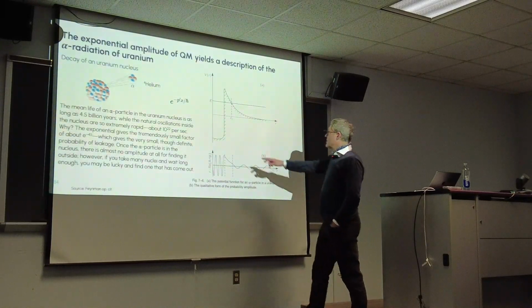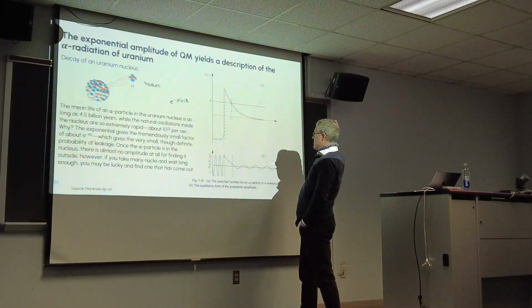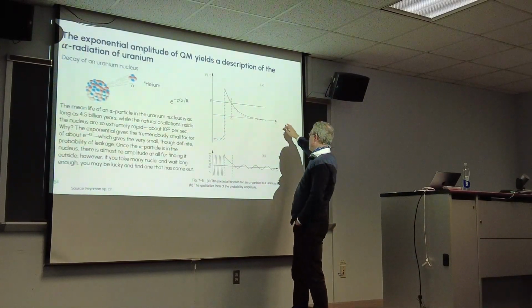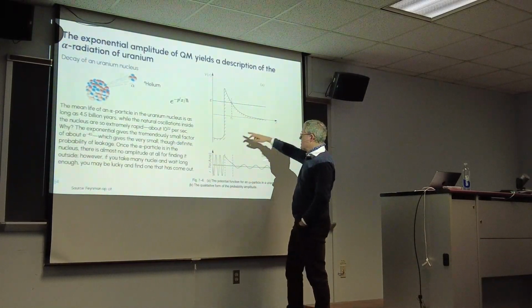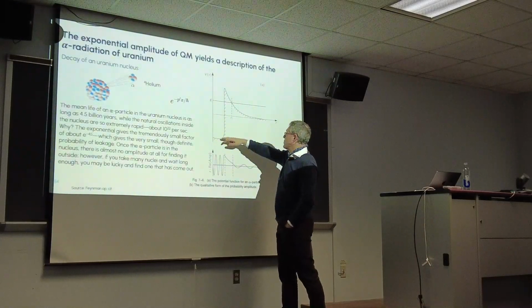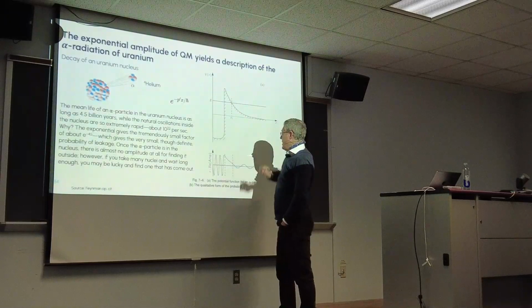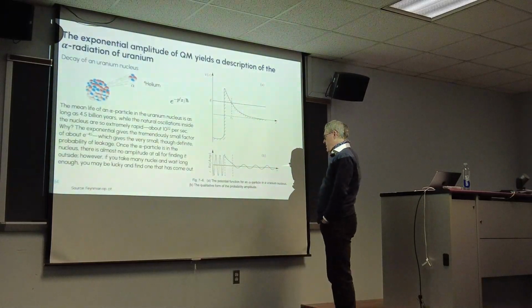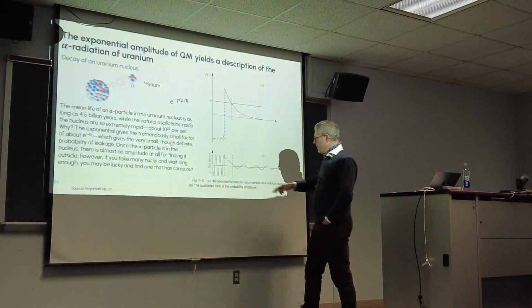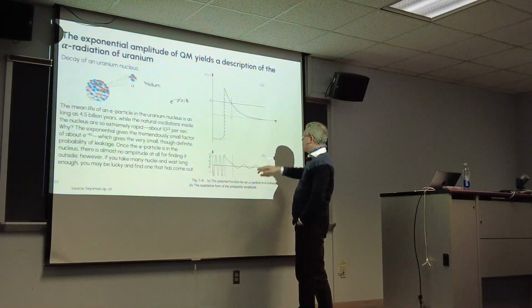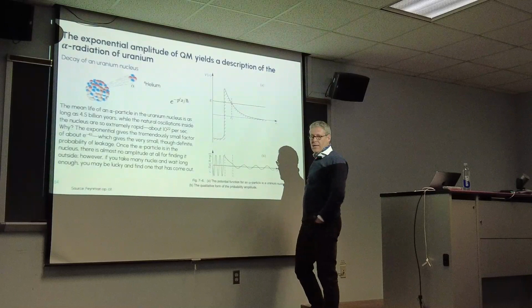You can see it here. This is basically the potential. This is how far the particle is outside of the nucleus, and you see here that there is a huge potential barrier that needs to be climbed, depending on the radius, shown here in a qualitative way. This is the barrier that needs to be overcome. And then when it's outside, it has again a normal amplitude.